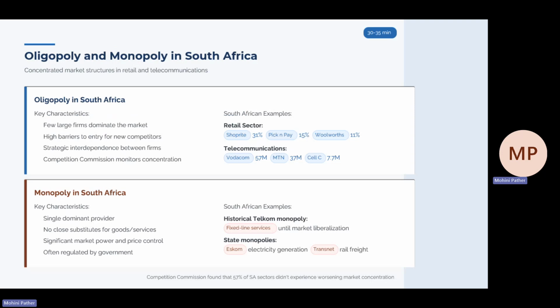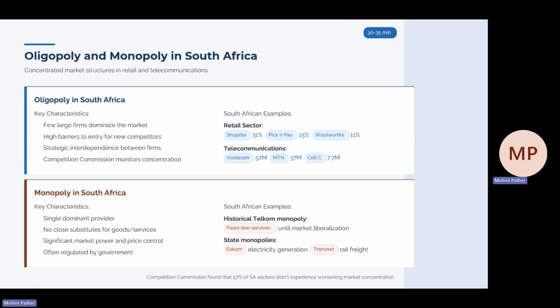Okay, so there are a few large firms, like in the retail sector, we have ShopRite, Pick n Pay, and Woolworths. Okay, they are all competing for the same market share. They have strategic interdependence between these firms, so they all take specific positions. They try not to overlap too much, and there are leading competitors in the market, and there are smaller entities.